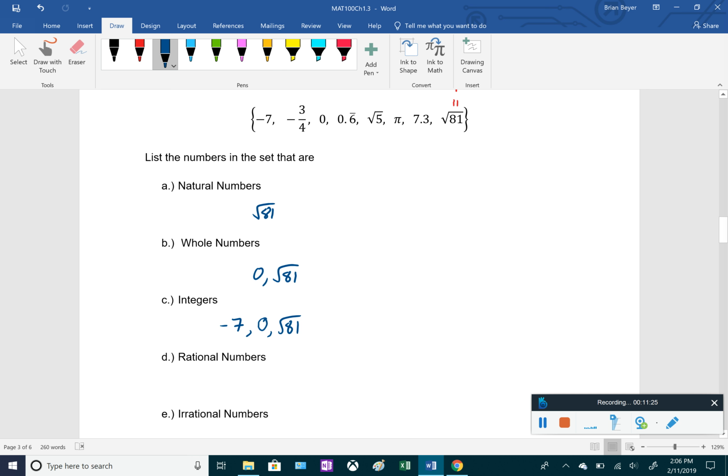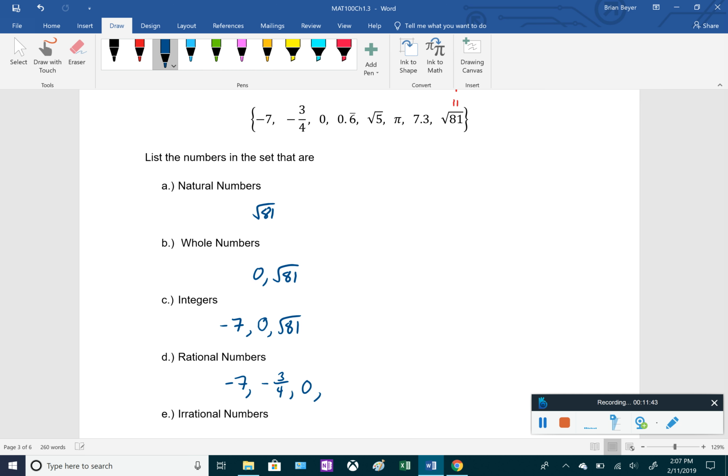Next, for rational numbers, this is going to be any number that can be written as a ratio of two integers. Just going left to right, -7 is an integer. -3/4 works because 3 and 4 are integers.